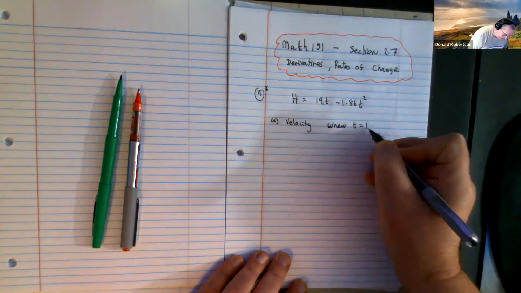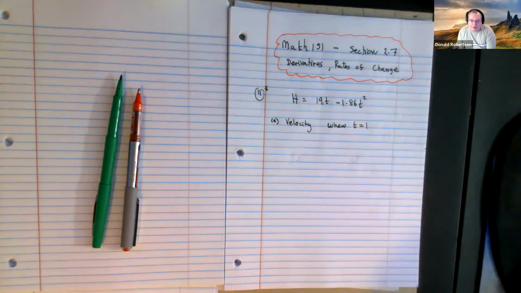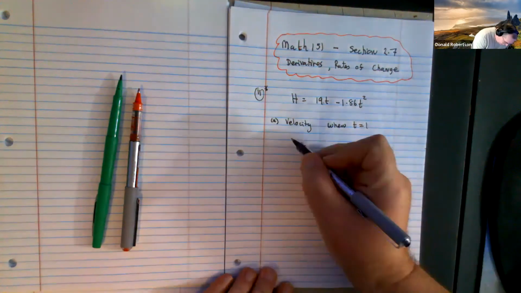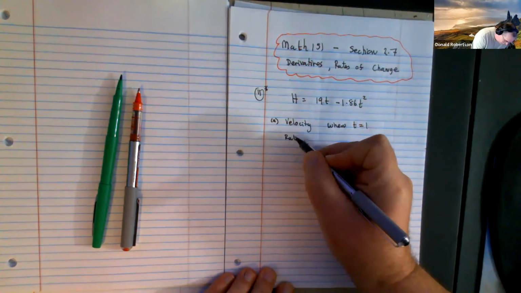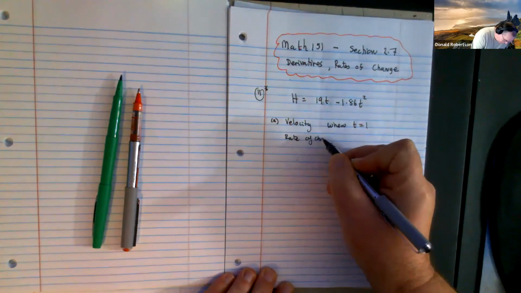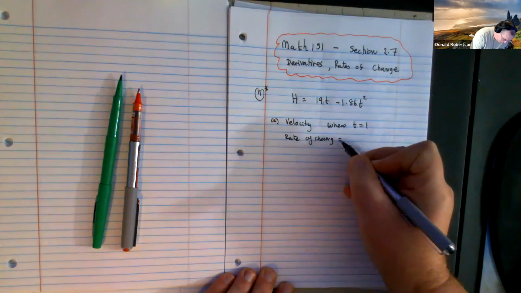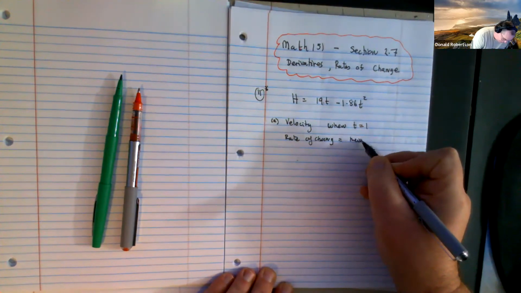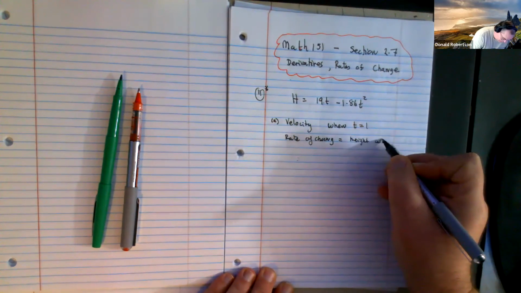when t is 1 second. So you might think, how can you get velocity when all you're telling me is the height? Well, you've got to realize that velocity is actually just called a rate of change. Velocity is the rate of change of, in this case, height, with respect to time.